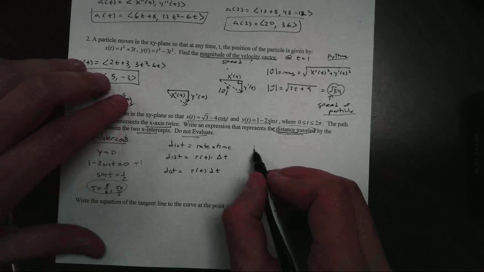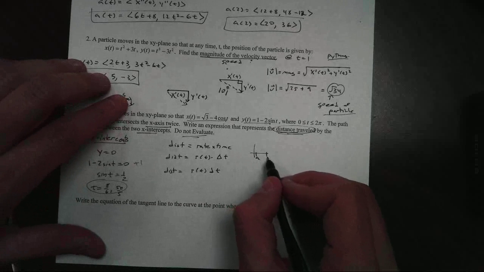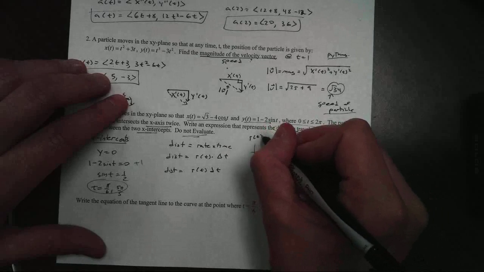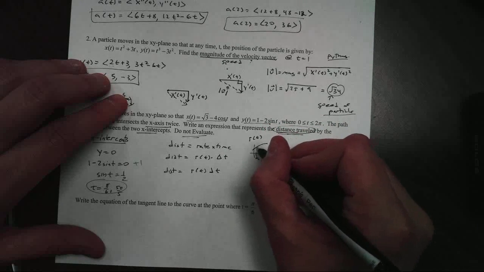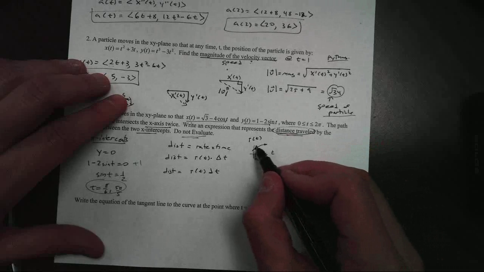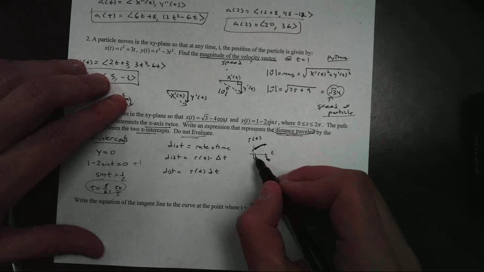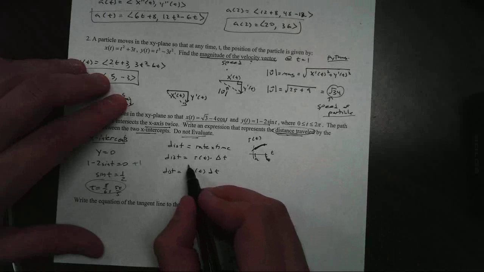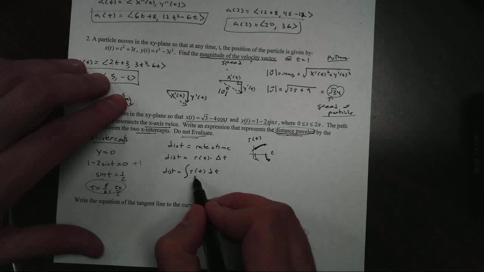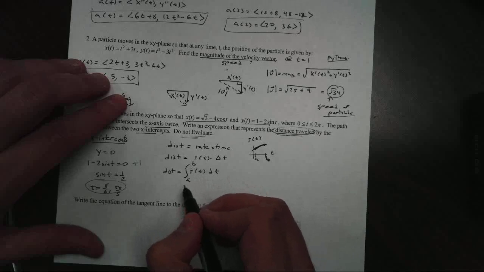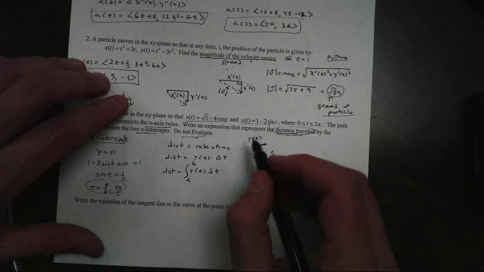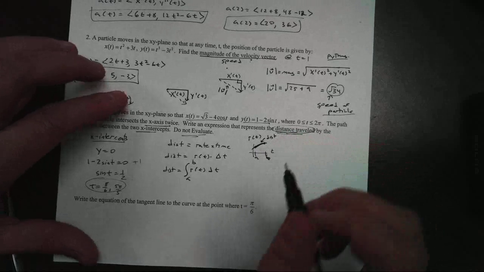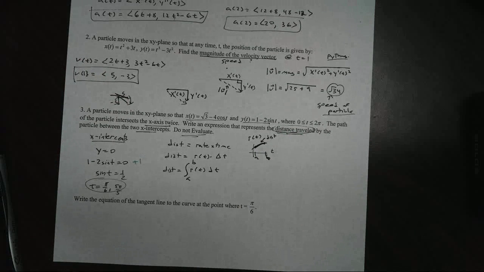If this was my curve from A to B, and this is r of t, to find the distance this particle travels I have to use an integral. So we take the antiderivative of this function from A to B. Remember, this is my distance traveled. We've seen this before when we did arc length.